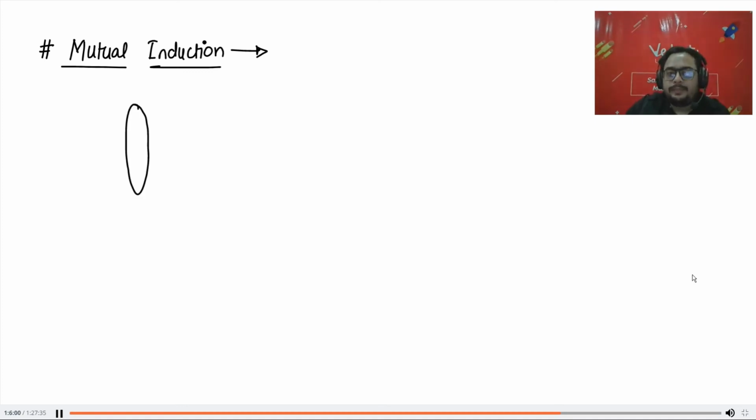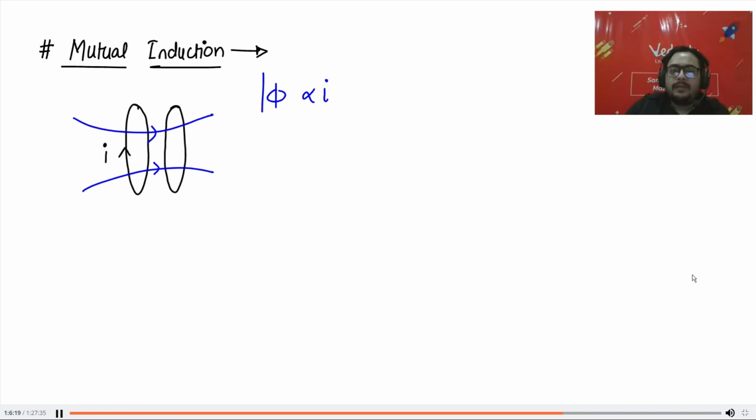So obviously this coil will be generating some magnetic field, and this magnetic field will be passing through the second coil. Am I correct? So flux is proportional to current. We write this again, but here I am taking flux in coil 2, flux in coil 2 due to current in coil 1.